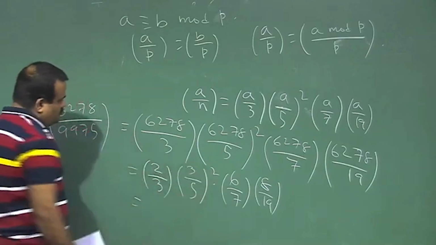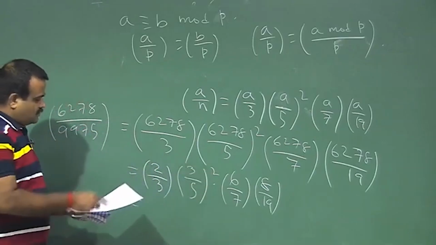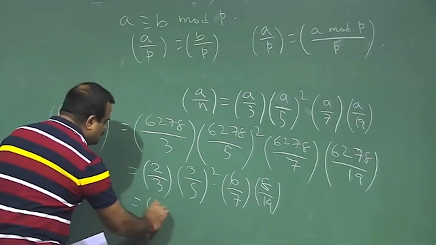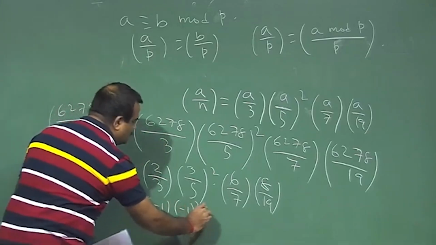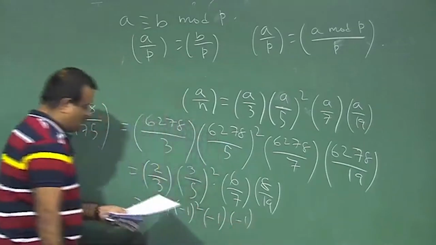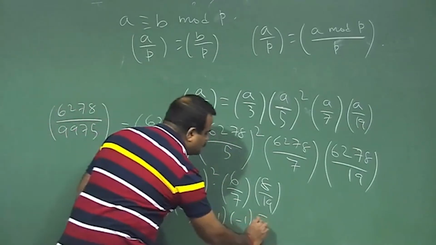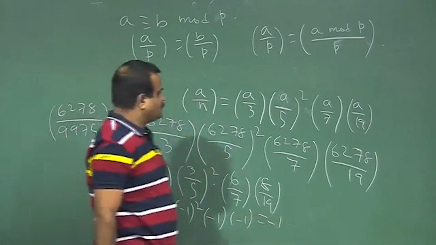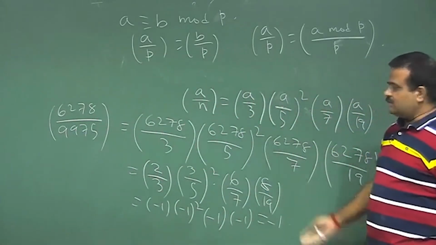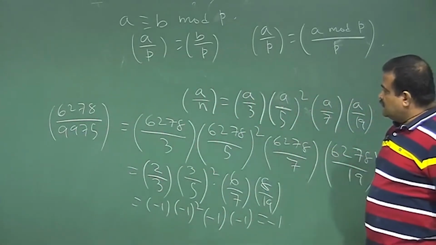We can check whether they are quadratic residues or apply the properties of the Jacobi symbol, we can easily check. This is minus 1, this is also minus 1 square, this is minus 1, this is minus 1, and this value is coming out to be minus 1. Okay, by this way one can calculate this.